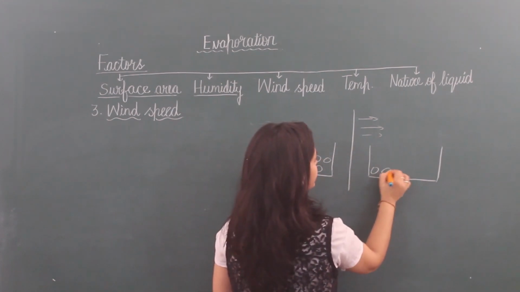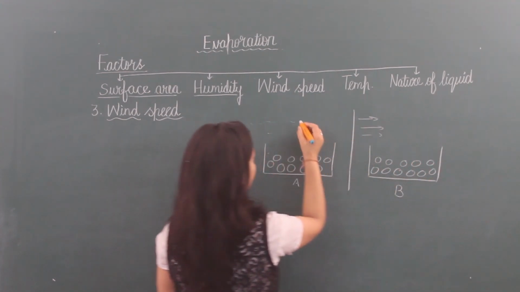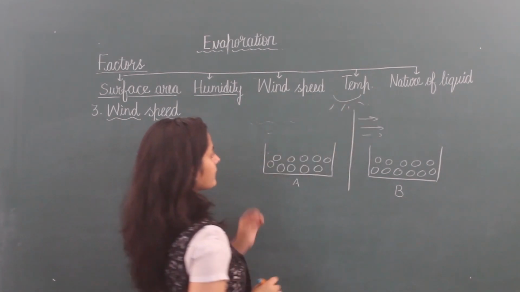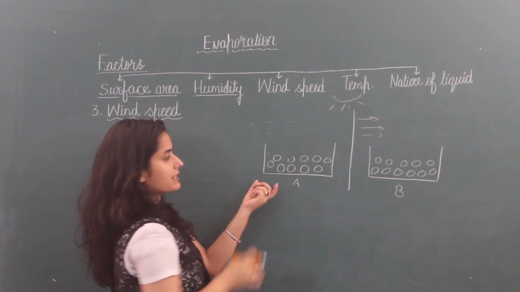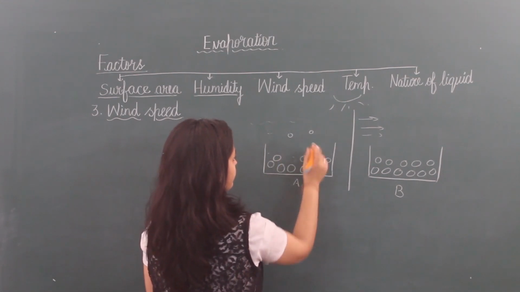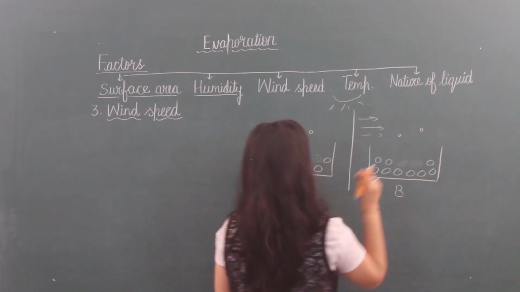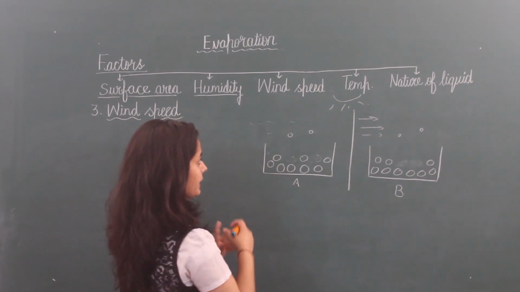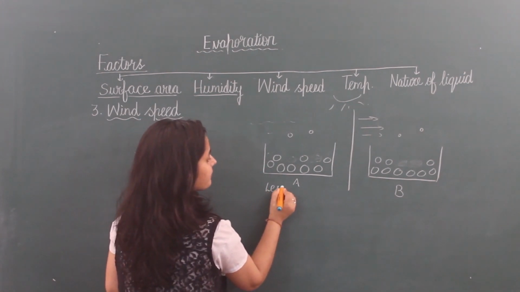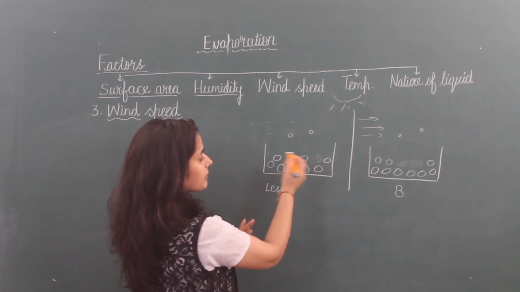This is water in container. Firstly, due to heat, these surface particles will convert into vapors and go into atmosphere. In both it's happening the same. Now next what will happen? When wind speed is less, these will remain above the container and slowly they will move.